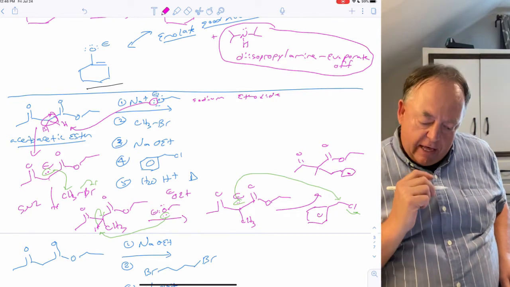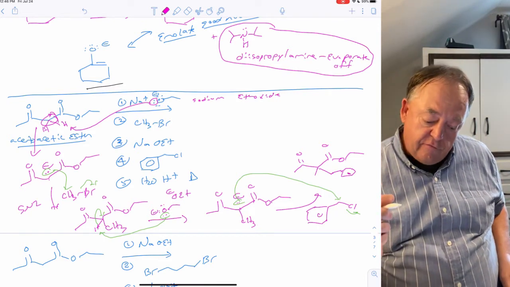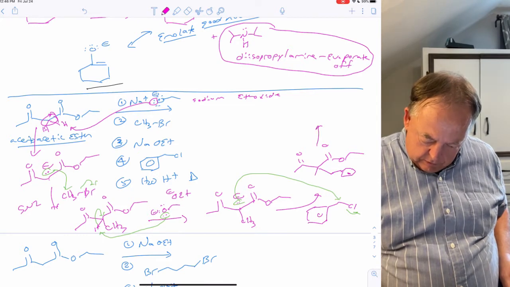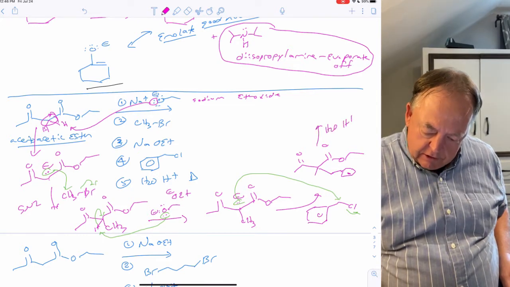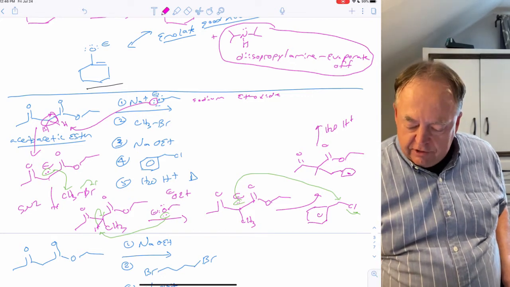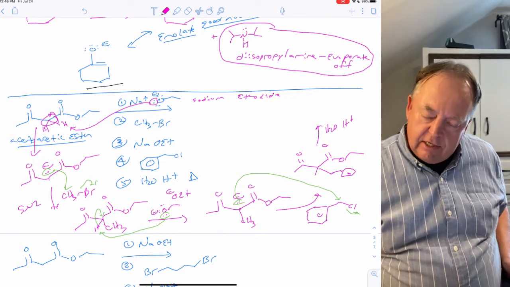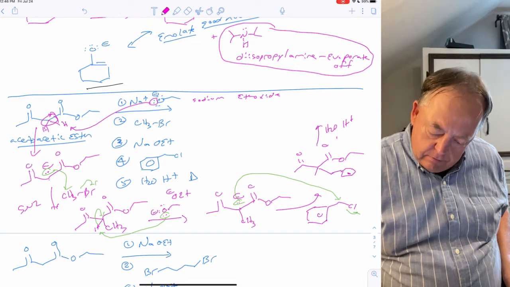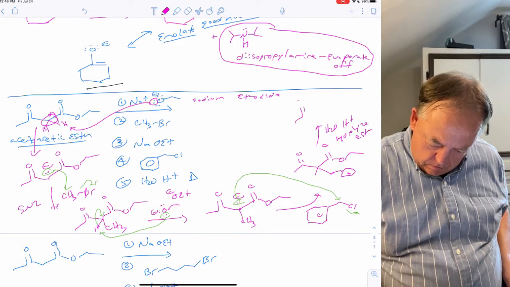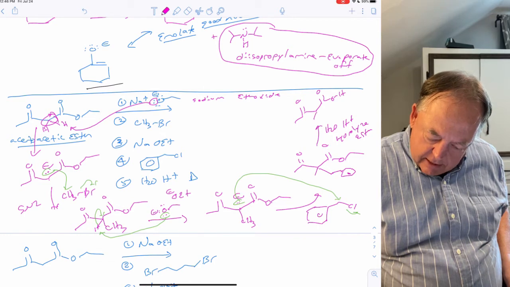Okay, so now we're at step 5. So if we do H2O, H+, so now we go back to the last chapter, esters. So we have an ester with H2O, H+, that's going to hydrolyze the ester. All right, so you have a carboxylic acid there now.